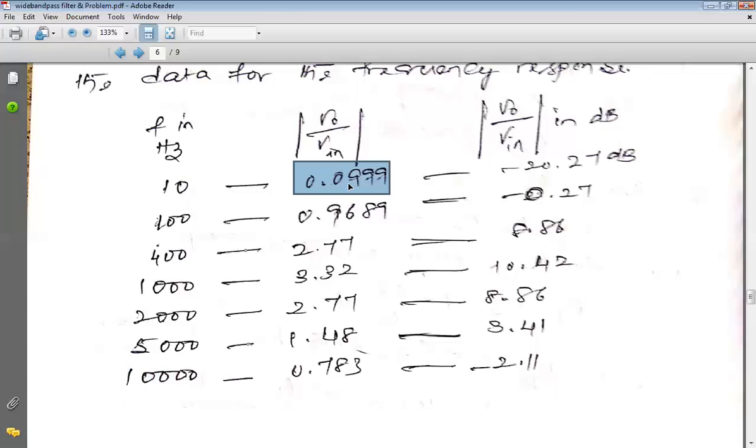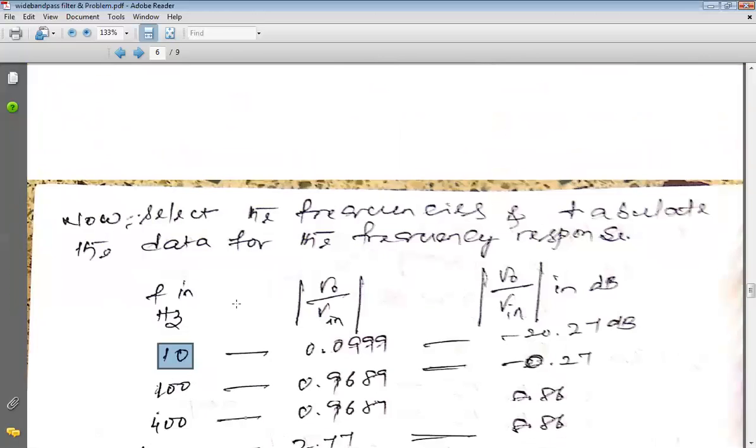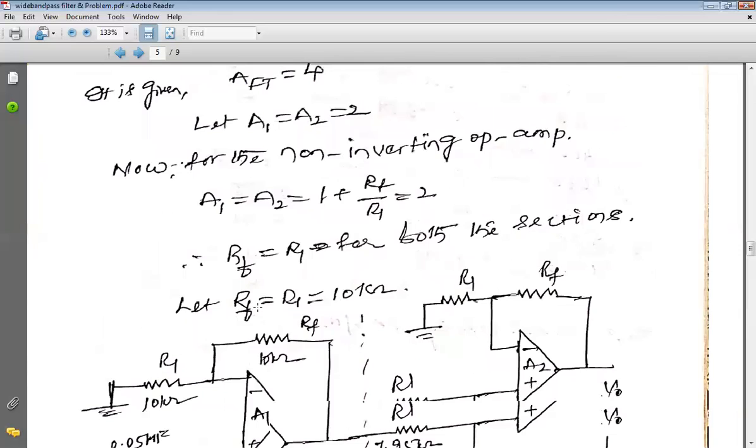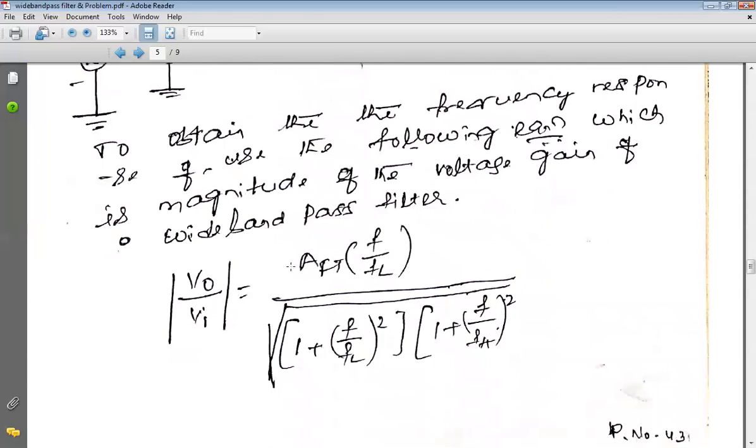Here, first I put F as 10 hertz. In the above equation, I take F as 10 hertz, here also F as 10 hertz, and here also F as 10 hertz.